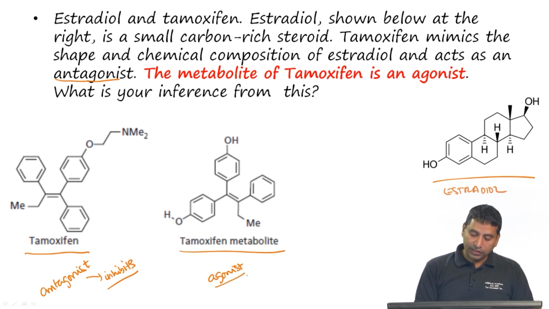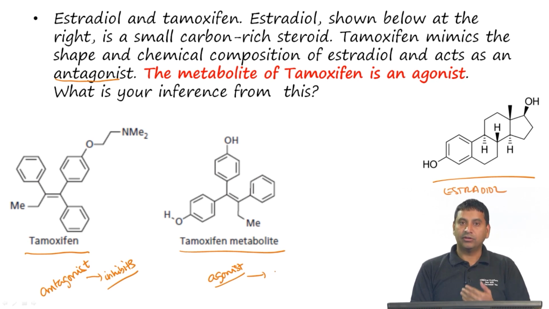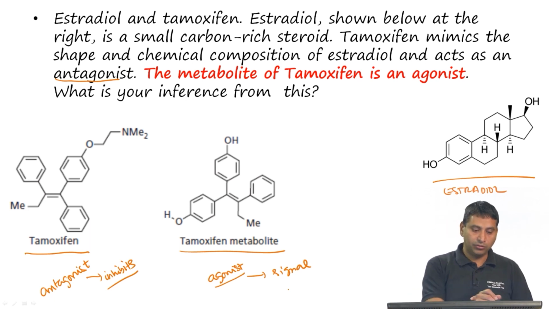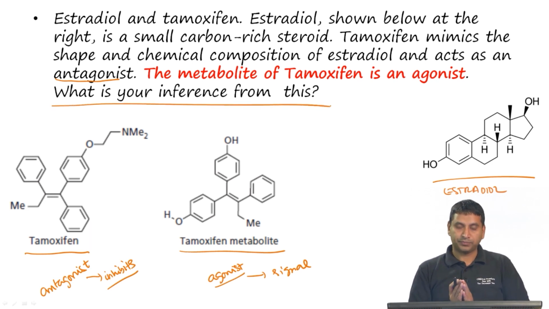An agonist, on the other hand, competes for the same site, but it elicits the same response. So the difference between the antagonist and agonist in this case is that one has a function which is exactly opposite to the other. So the question here is, what is your inference from this?